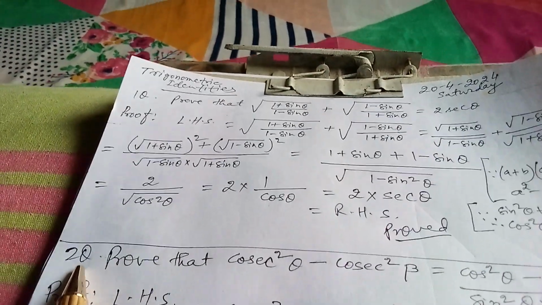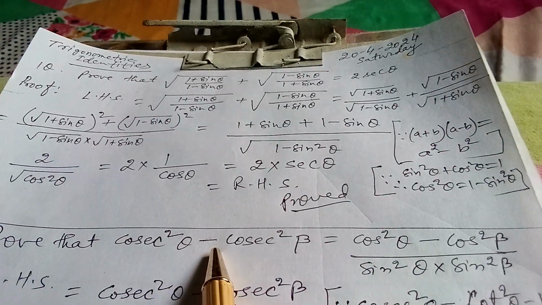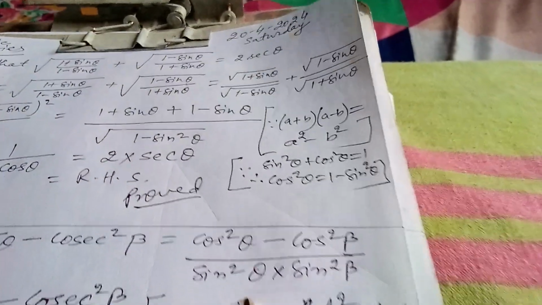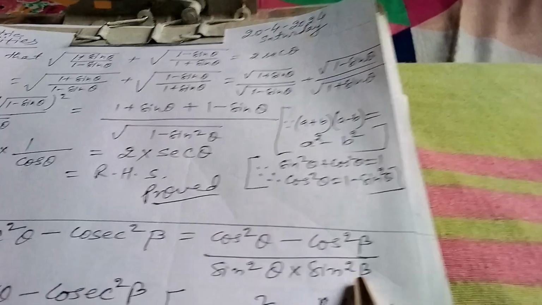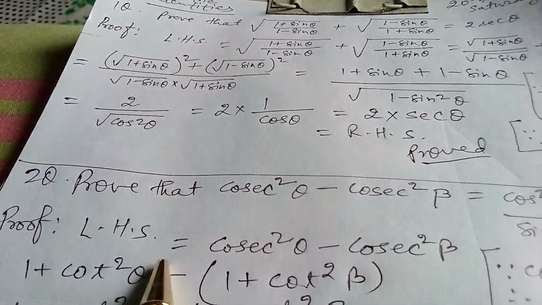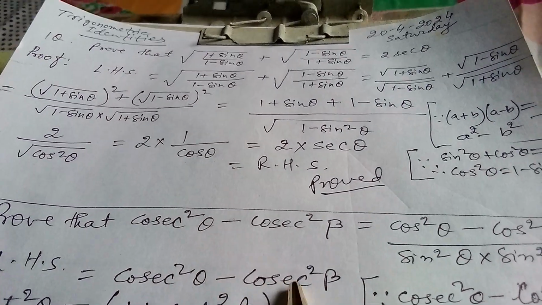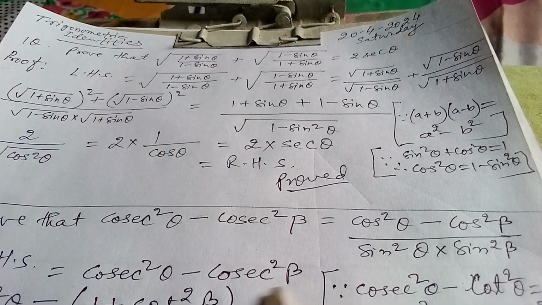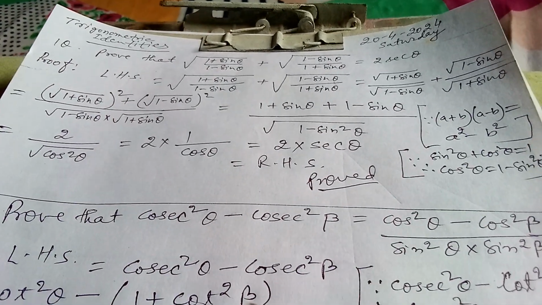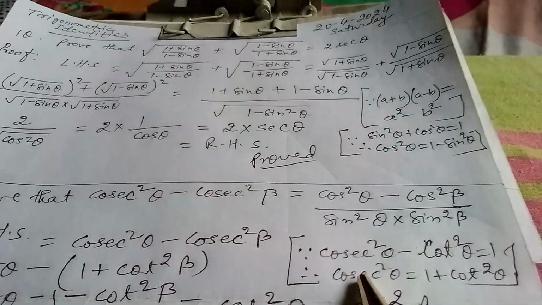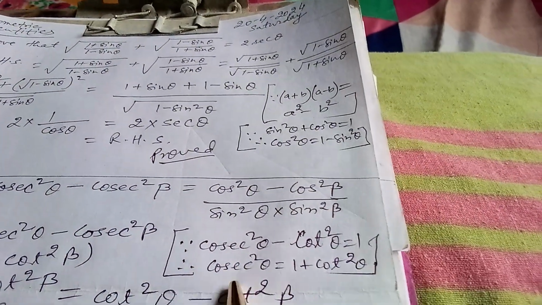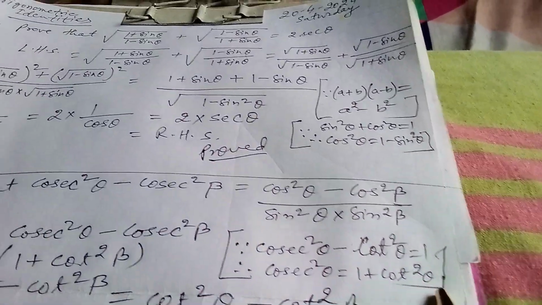The second question is: prove that cosec square theta minus cosec square beta equals cot square theta minus cot square beta, that is, cos square theta minus cos square beta by sin square theta into sin square beta. So the proof is: from the left hand side we start and we write cosec square theta minus cosec square beta equals 1 plus cot square theta minus, in the bracket, 1 plus cot square beta, because you know that cosec square theta minus cot square theta equals 1, and therefore cosec square theta equals 1 plus cot square theta.